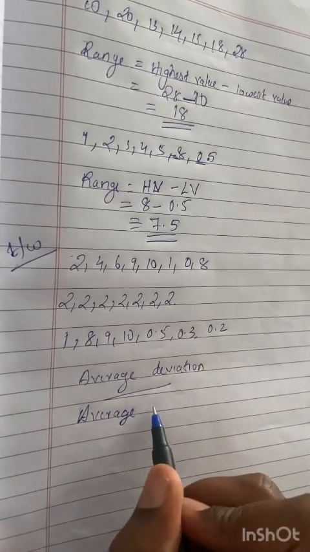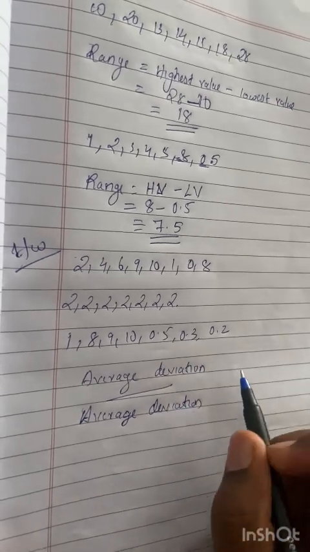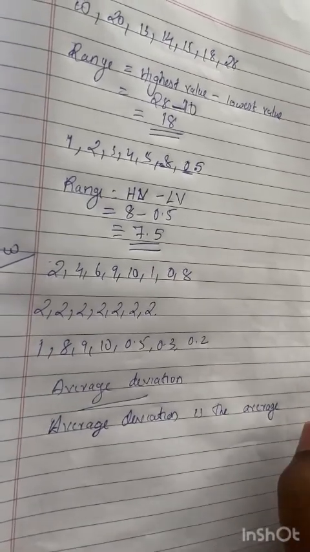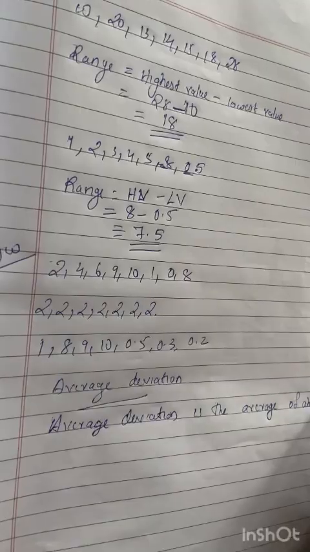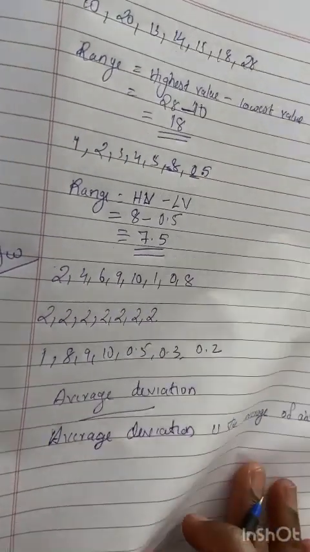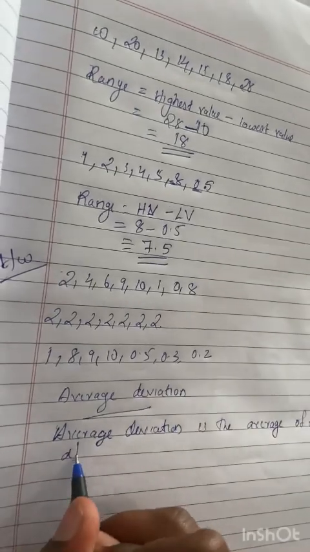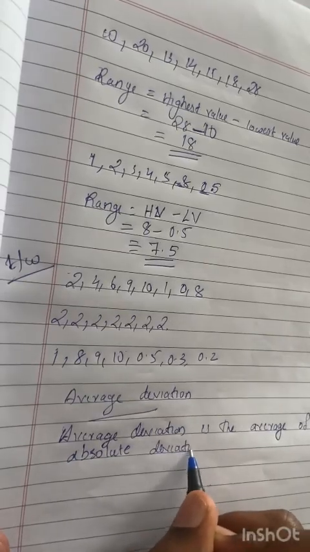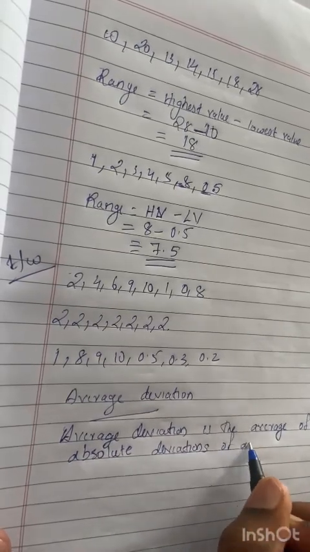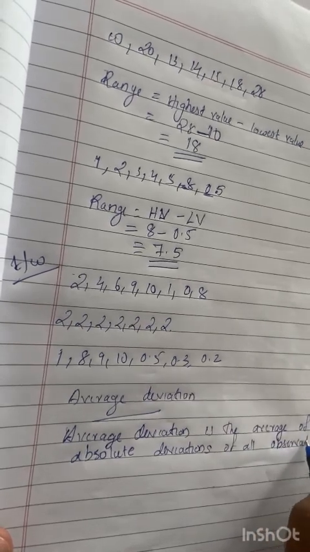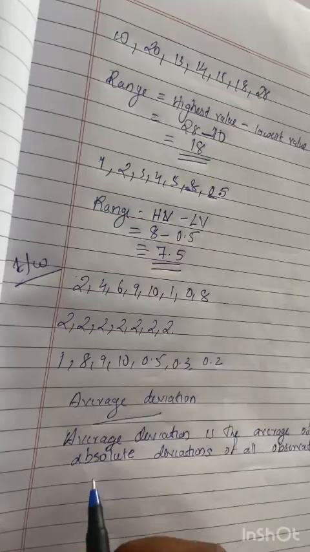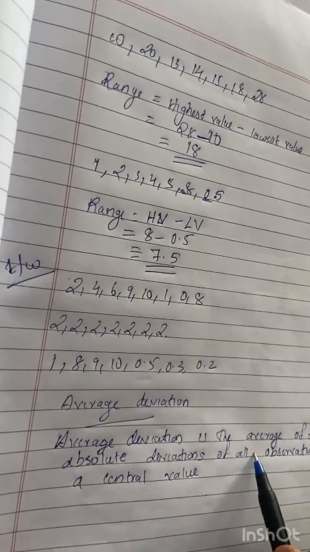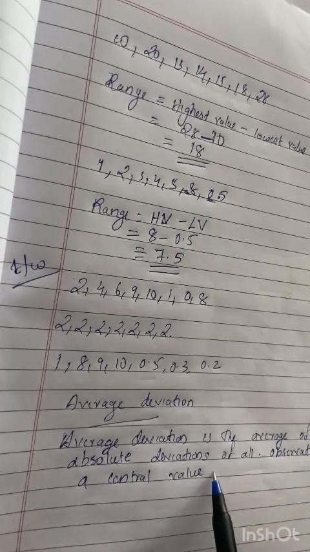Average deviation is the average of absolute deviations of all observations from a central value.